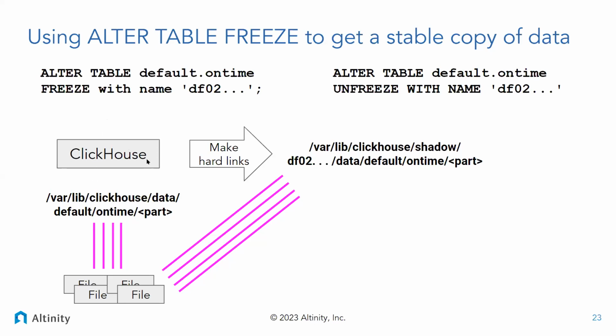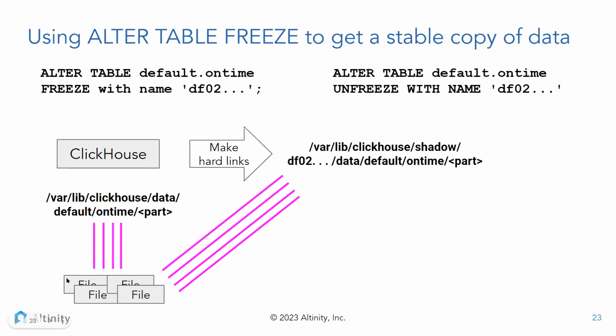It's a very, very quick operation, because there's a thing called a shadow directory, which you'll see if you traverse the file system. It'll just create a directory there, and then you'll have parts underneath it. Each of those parts won't actually have their own data. They'll just have hard links back to the original files on the file system. So now ClickHouse can go its merry way.